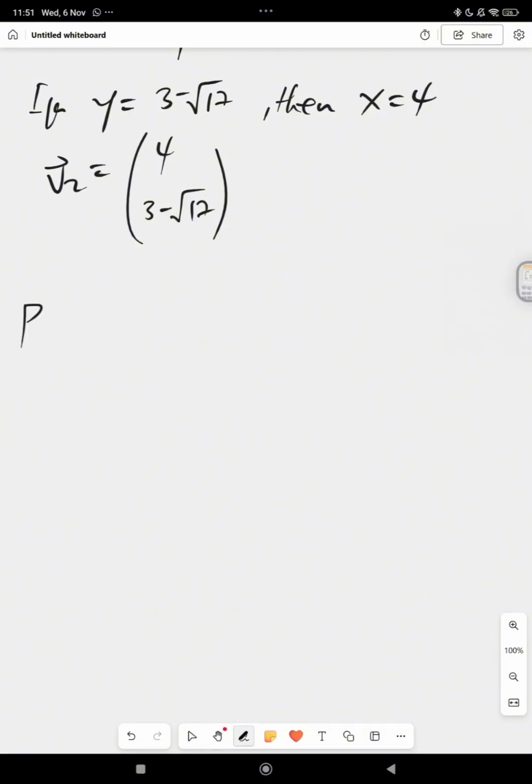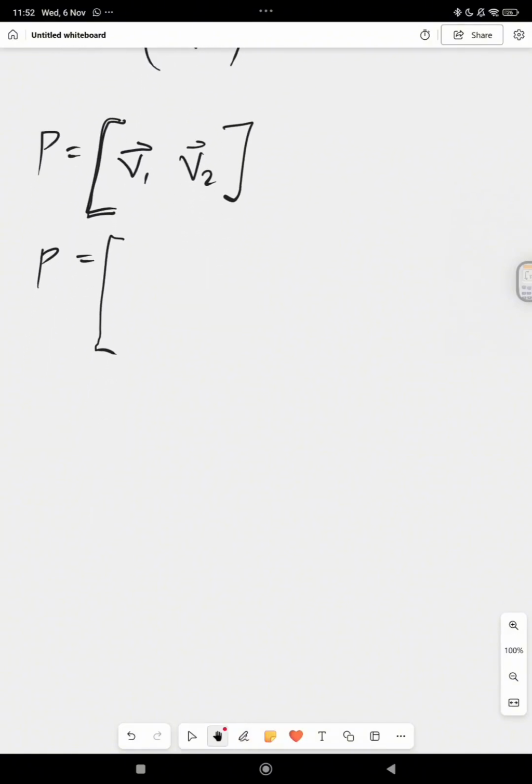So our P matrix is given by V1, V2. It's in the form of a matrix, not a set. So our P is going to be 4, 3 plus square root of 17, and 4, 3 minus square root of 17.